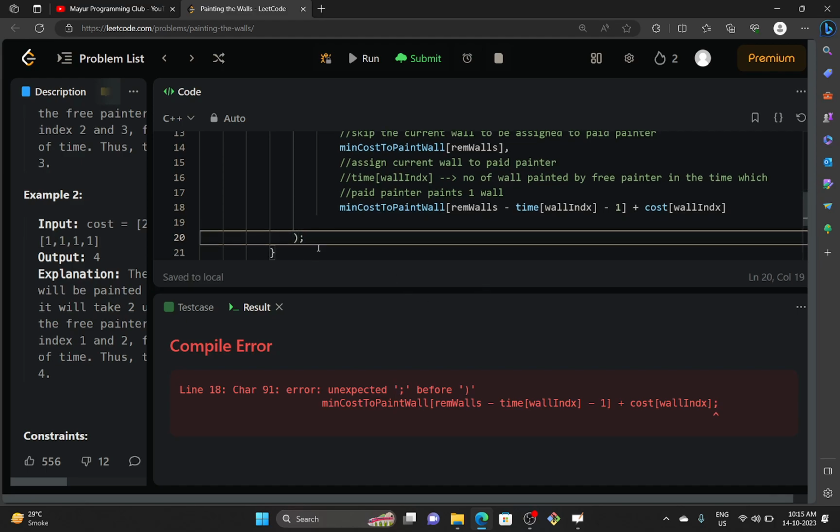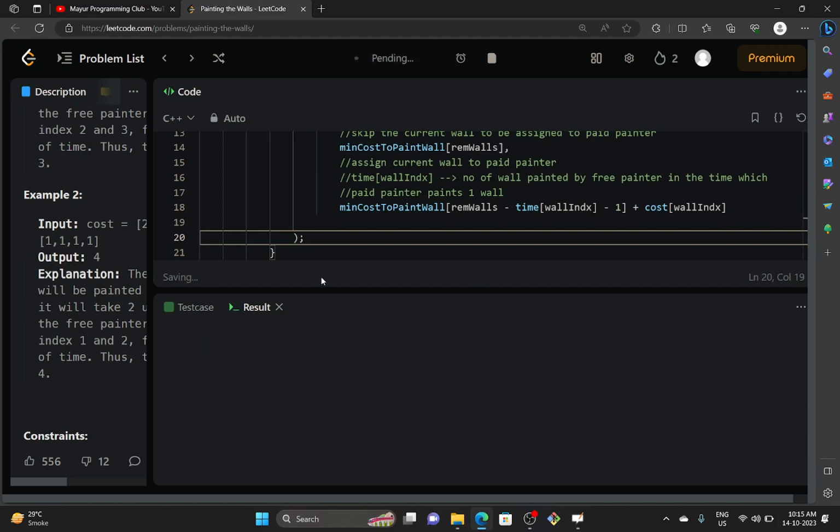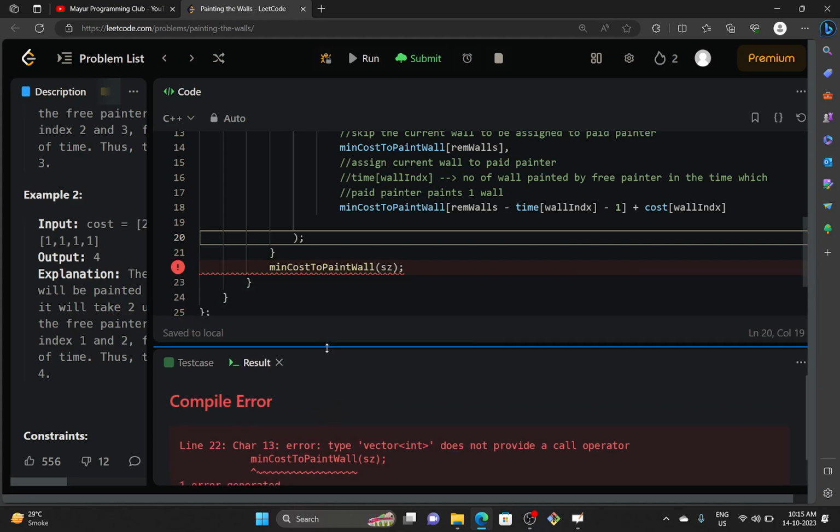These are some syntactical and typing mistakes. Rest, I think the solution should be fine.